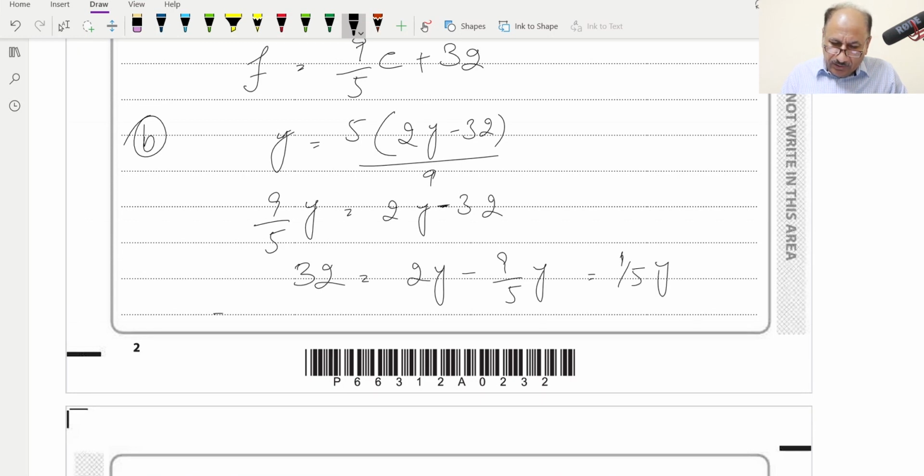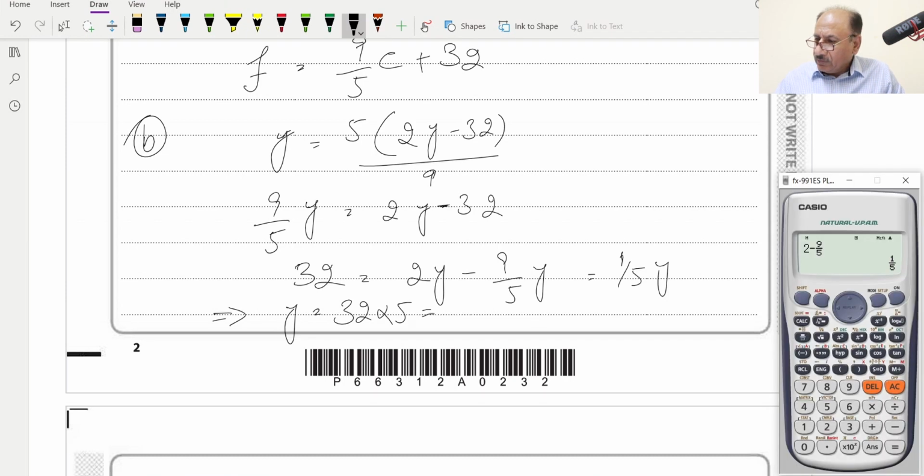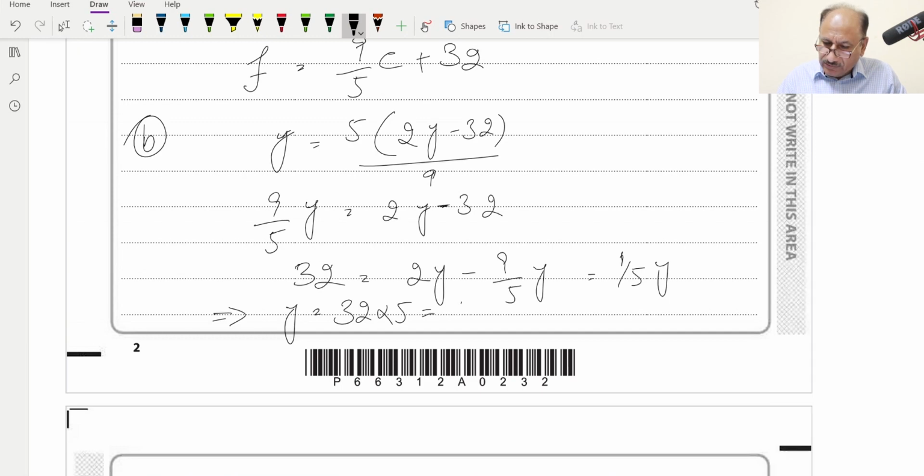So this implies Y is equal to 32 multiplied by 5, which is equal to 160.